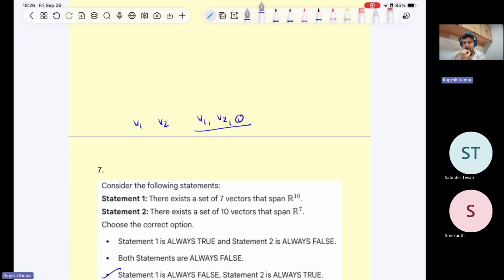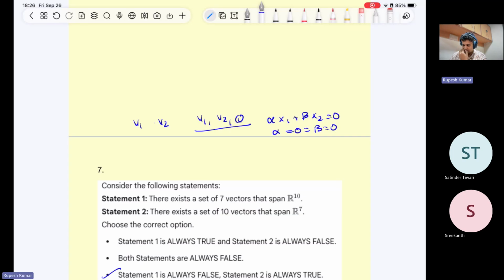Why should they? Linear independence means alpha x1 plus beta x2 equals 0 if and only if alpha and beta are both 0. Then it will be linearly independent.